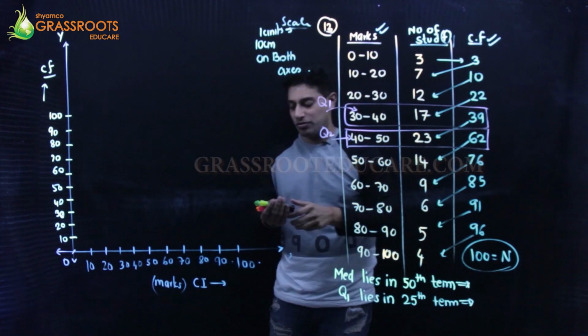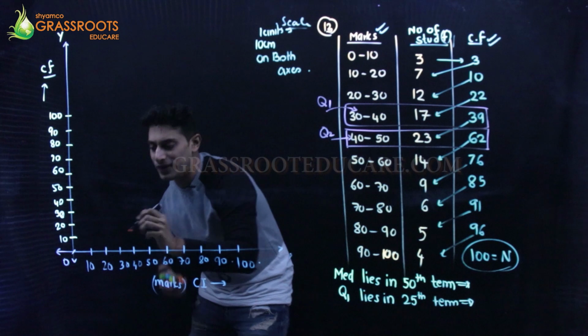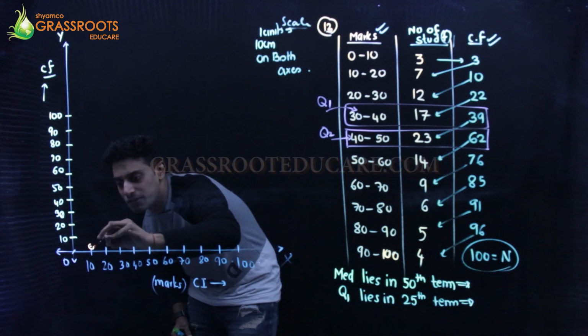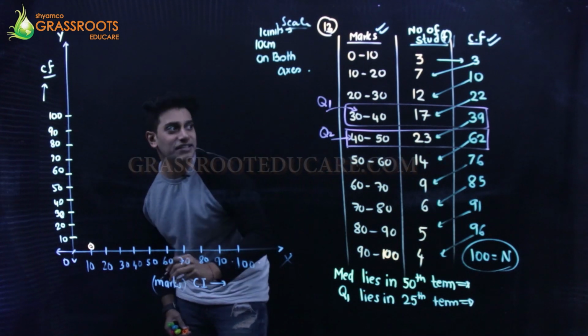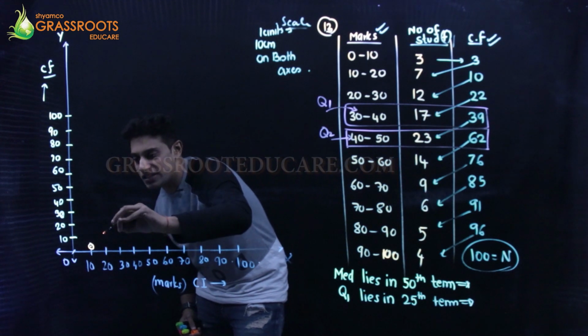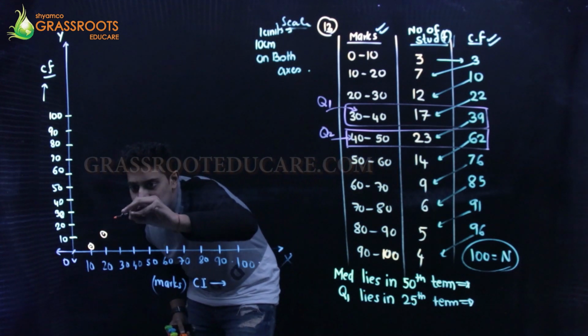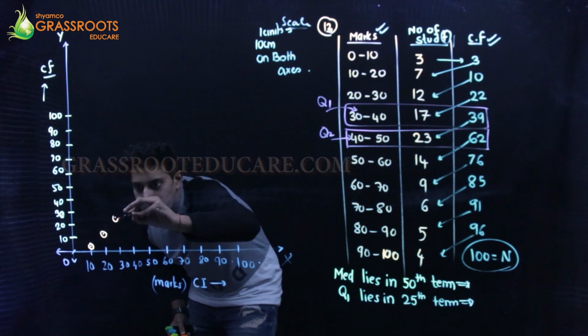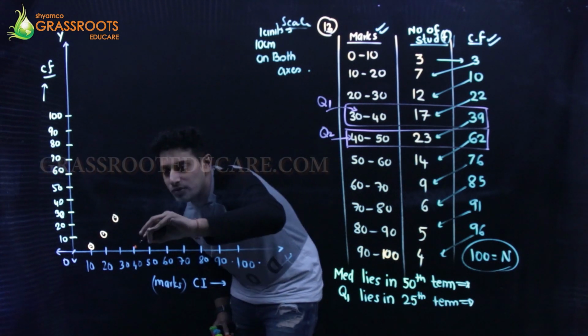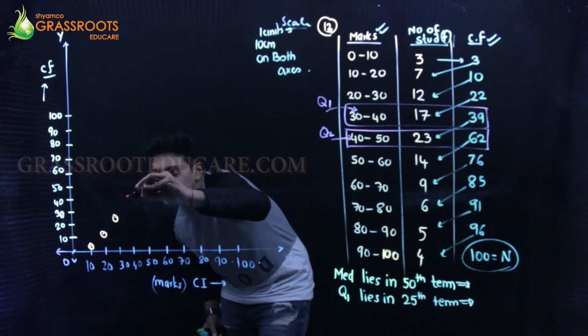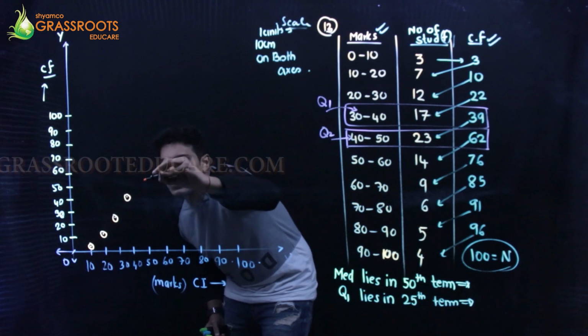With 10, it's going to be 3. So with 10, it's going to be the third division, third line. Then 10, 22. The next is 22. Then 39, 62. The next is 39. The next is 62.